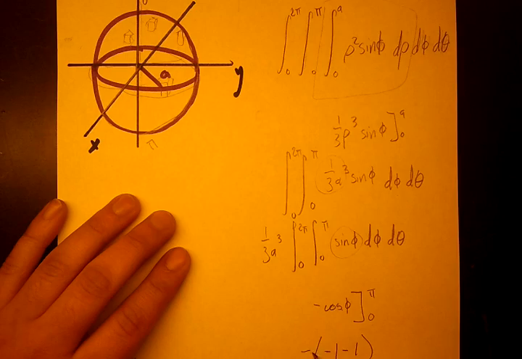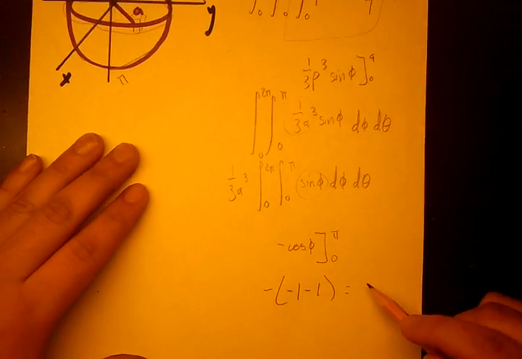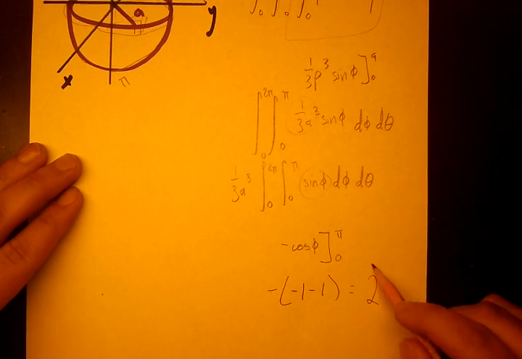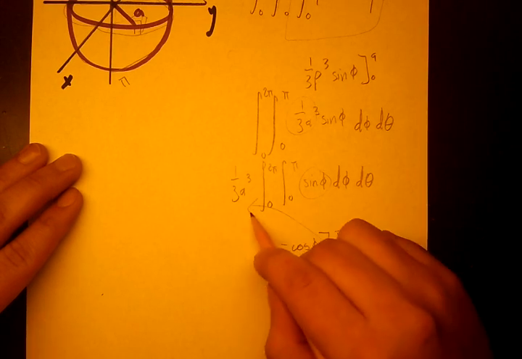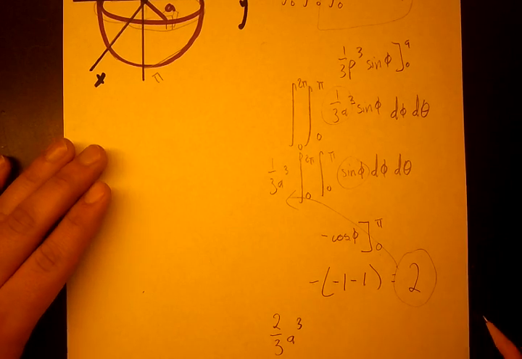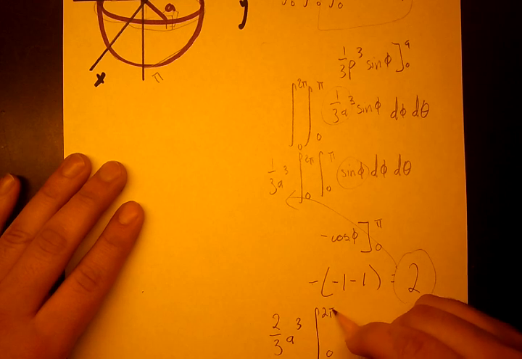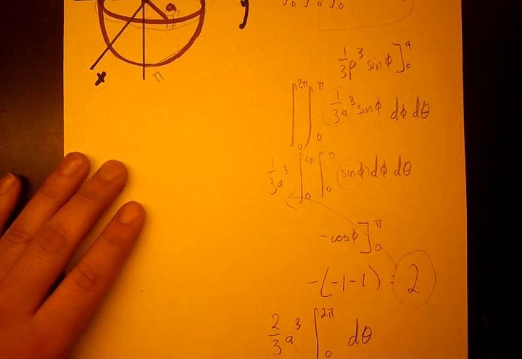So it's going to be negative quantity negative 1 minus 1, which comes out to 2. Again, this 2 is a constant. We're going to move it to the outside of the integral with the 1/3 a cubed. So it's going to be 2/3 a cubed, integral from 0 to 2 pi, d theta.